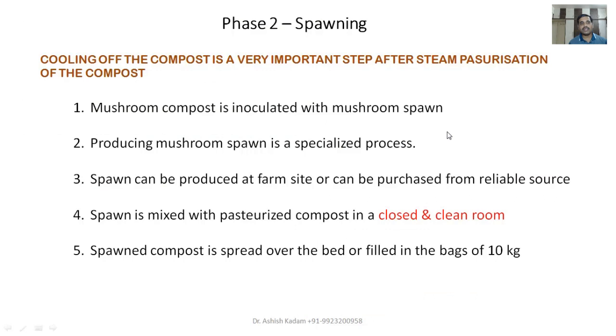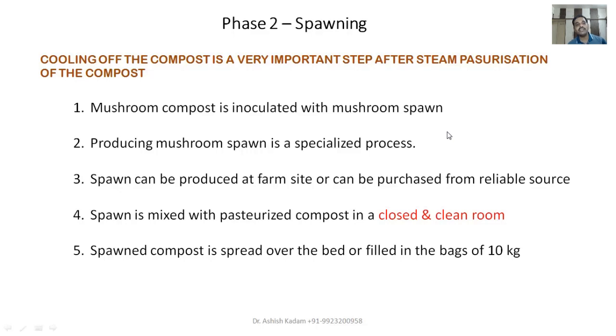So spawning is a very important aspect, which begins after the cooling off of the compost. We saw in the last video that compost after the preparation is pasteurized to kill the pathogens, bacteria and nematodes from it. After the pasteurization, the temperature of the compost is around 65 to 70 degrees centigrade.